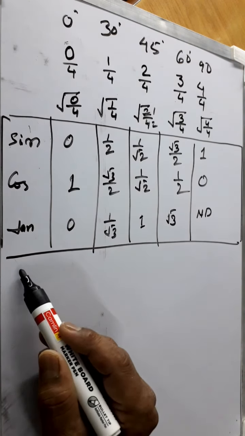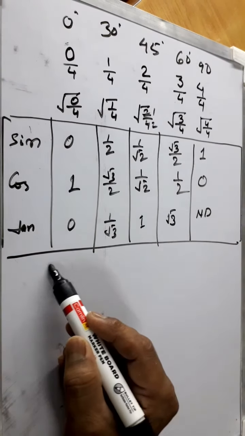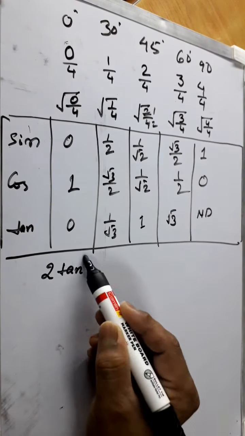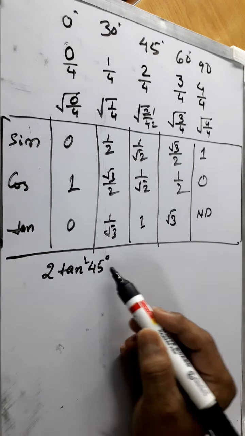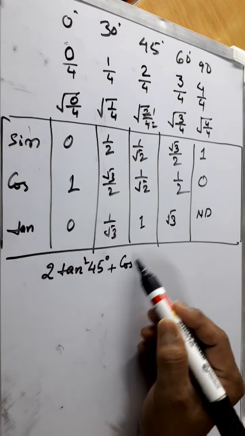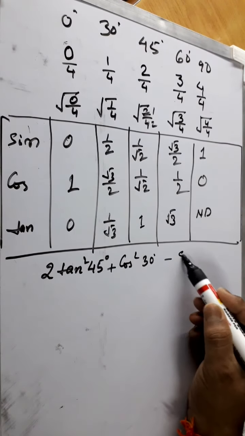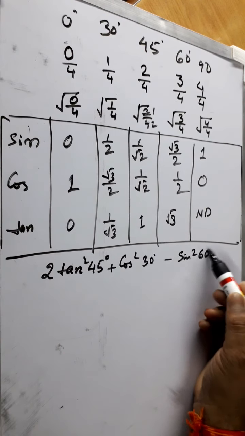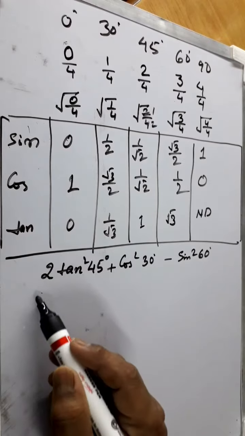Now we have to find the value of 2 tan square 45 degree plus cos square 30 degree minus sin square 60 degree. Now we will use this table.